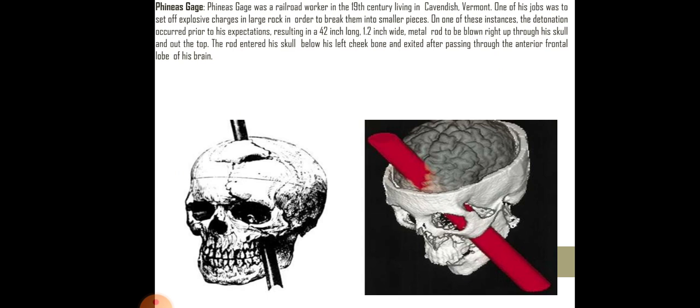On one occasion, the detonation occurred unexpectedly and resulted in a 42-inch long, 1.25-inch wide metal rod being blown right through his skull. The rod entered his skull below his left cheek and exited after passing through the anterior frontal lobe of his brain, and this was the damage to the frontal lobe.